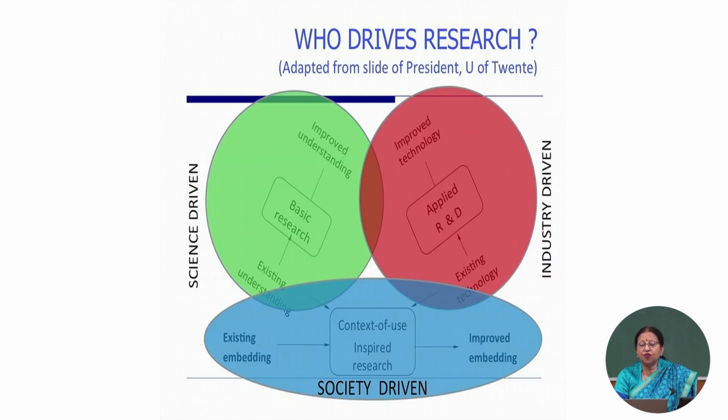Industry driven, where you have an existing technology through applied R&D, research and development, and an innovated or improved technology could be developed for the industry. And the third one is societal driven, where you have certain existing norms, and inspired by research, you come up with an improved version of that, which means that you have a concept.